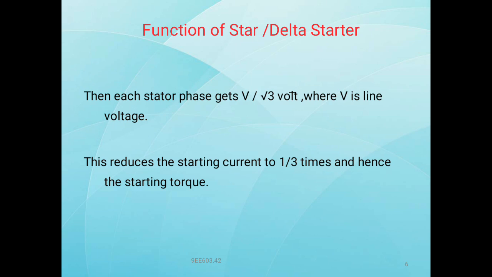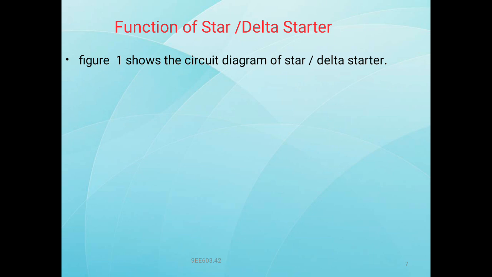This reduces the starting current to 1 by 3 times, and hence the starting torque. Figure 1 shows the circuit diagram of star delta starter.